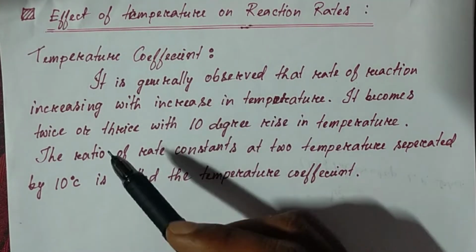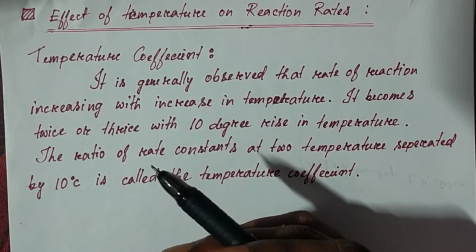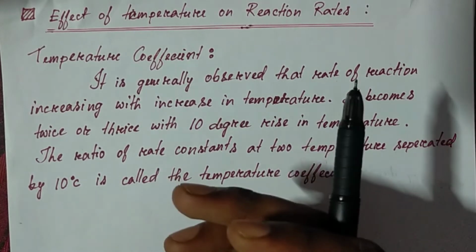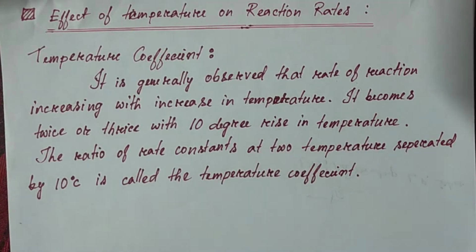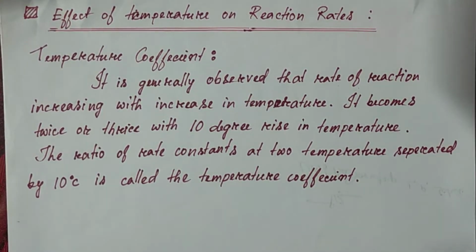That means as you increase the temperature, you will observe that the rate of the reaction is increasing. Now the question is, how much increase in temperature will increase the rate by how much?